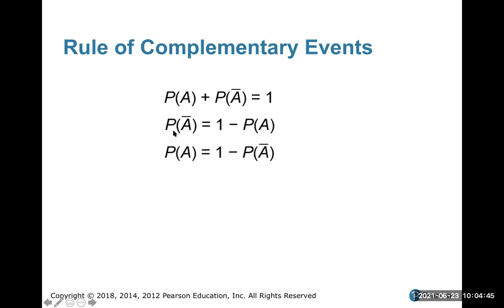So you can also say the probability of the complement is 1 minus the probability of A. If you remember, we said the probability of not dying is 1 minus the probability of dying. So all three of them are the same thing, meaning the probability of dying and not dying is 1.